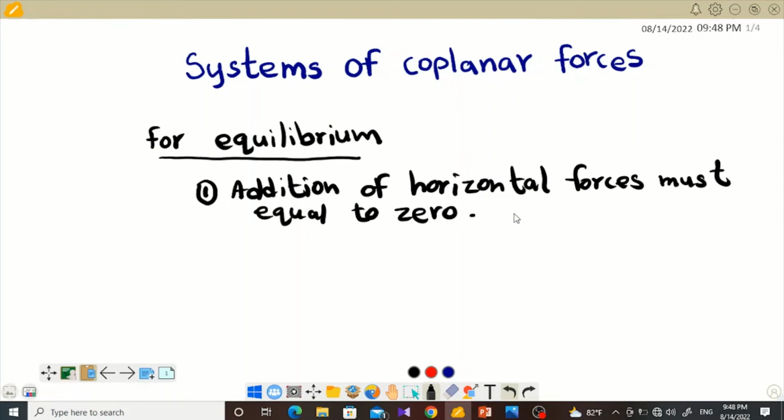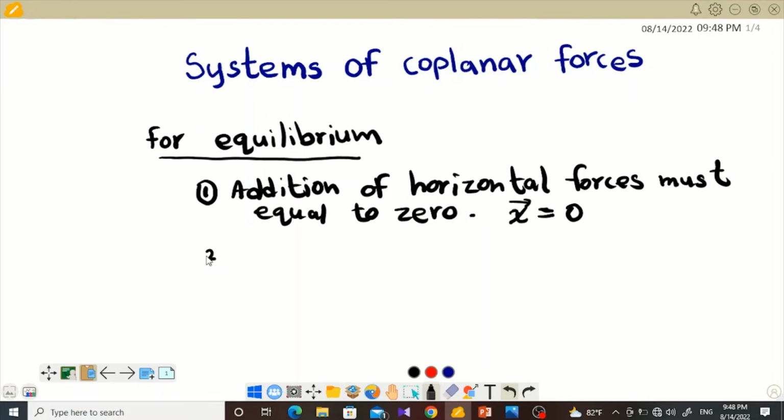Normally we denote horizontal forces as x. So for equilibrium, the x components, or horizontal forces, must be 0.